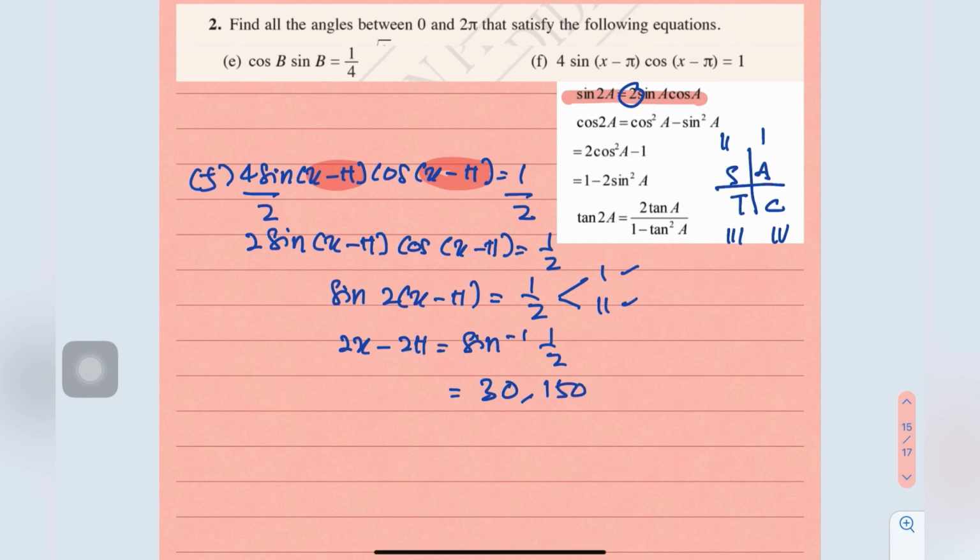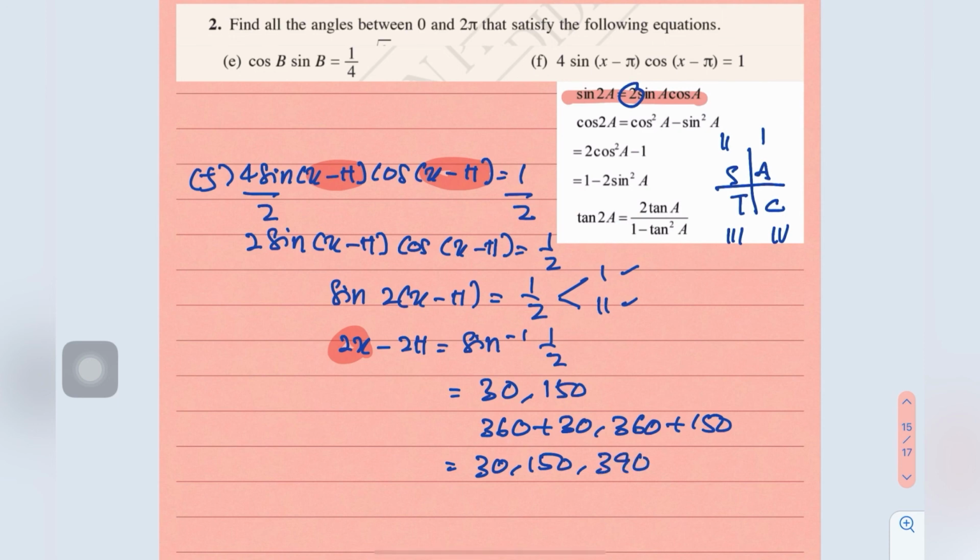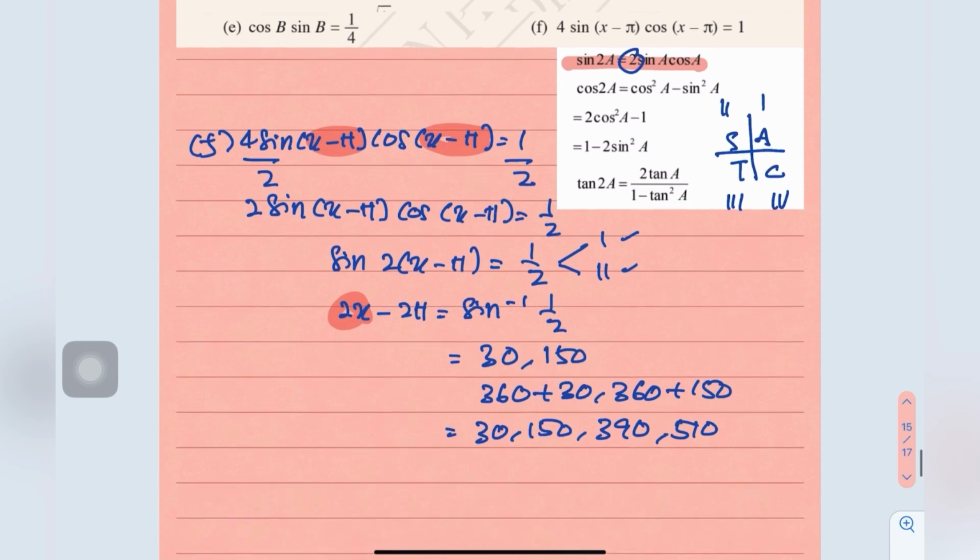Here we have 2 cycles, so 360 plus 30 and 360 plus 150, which gives 30, 150, 390, and 510.